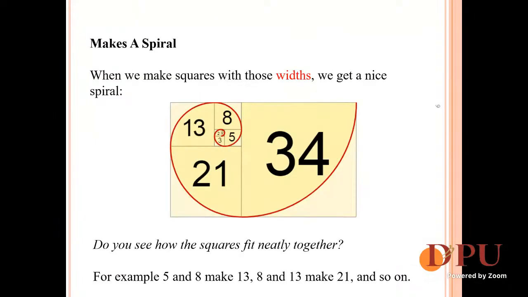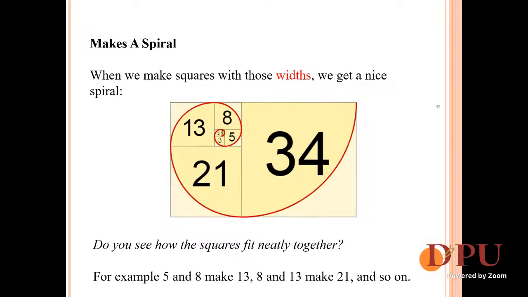Say you take 2, 3, 5, 8, 13; each number has a width and a height, so it is a square: 2 as a square, 3 as a square, 5 as a square, 8 as a square. You will see it gives you a complete shape of a spiral. So basically, the Fibonacci series follows a spiral-shaped structure.